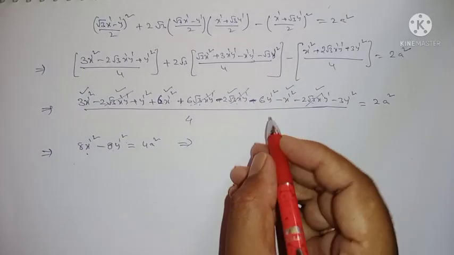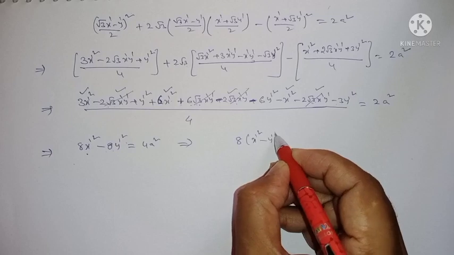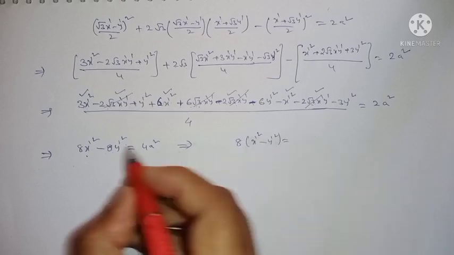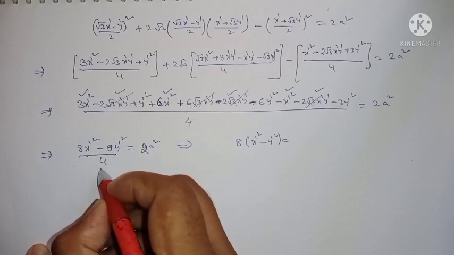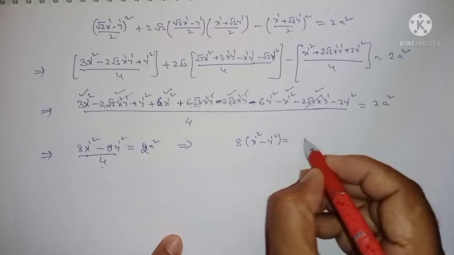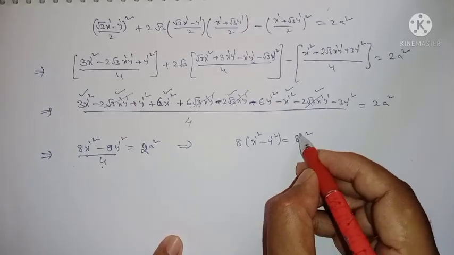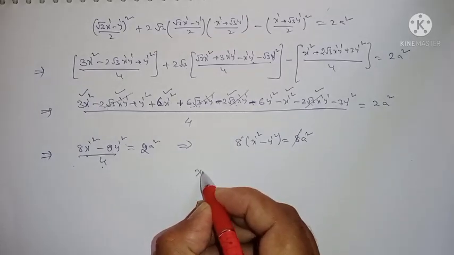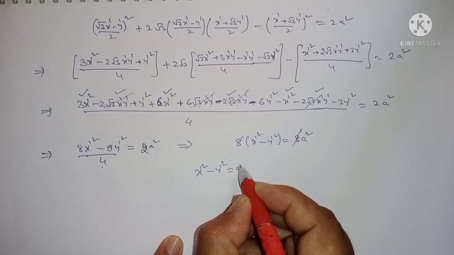Therefore, we got the equation: 8 of (x dash whole square minus y dash whole square) is equal to, here 4 only, this is 2, this 4 only, 4 times 2a square. Therefore you can write here 8a square. 4 into 2 is 8a square. The 8 cancels, you get the answer: x dash whole square minus y dash whole square is equal to a square.